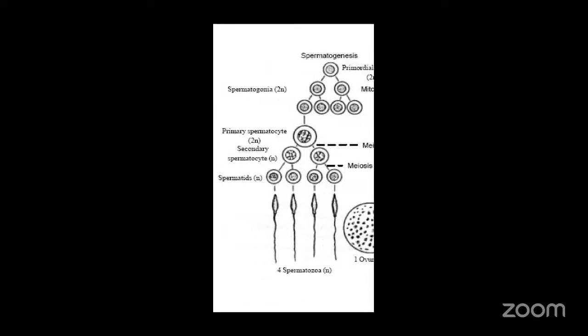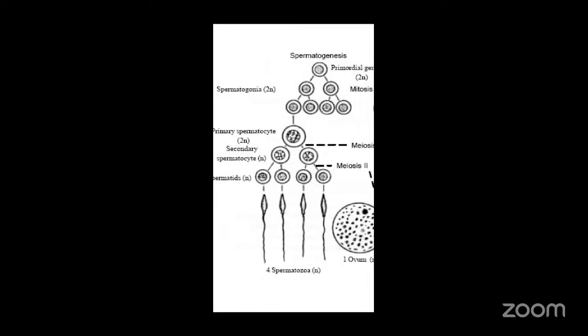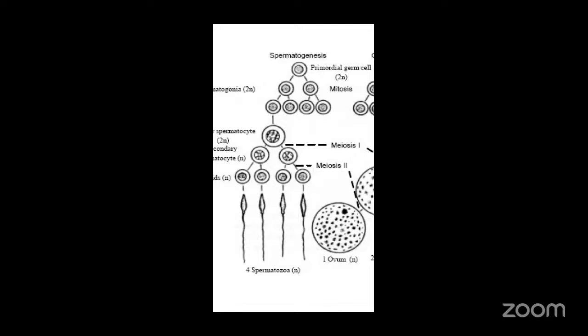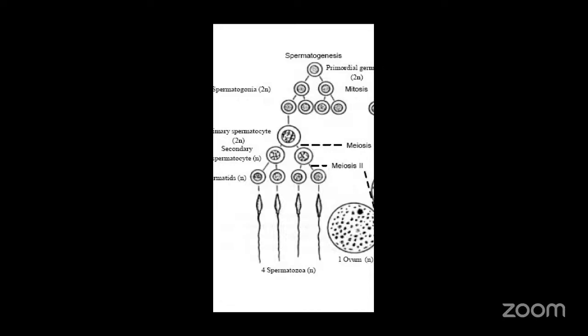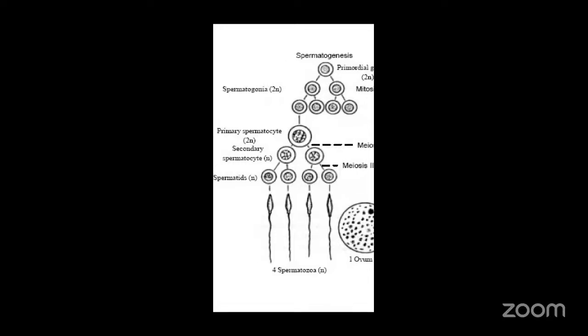See here, again, they have given the spermatogenesis. The primordial germ cells will be there, that is 2N, and they will undergo mitosis. Then these are the spermatogonia. The spermatogonia will undergo mitosis and give rise to more cells. Then, as I told you, the primary spermatocyte will be formed.